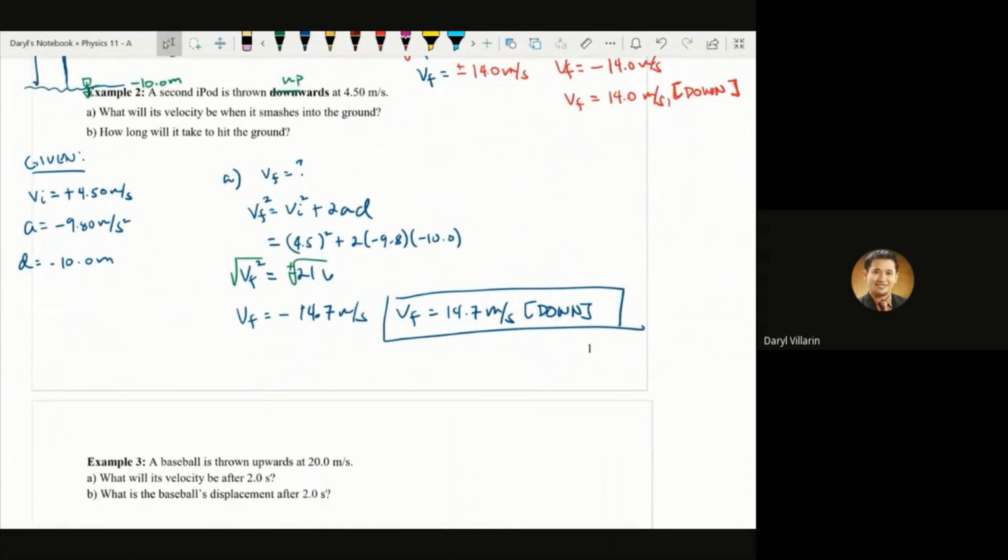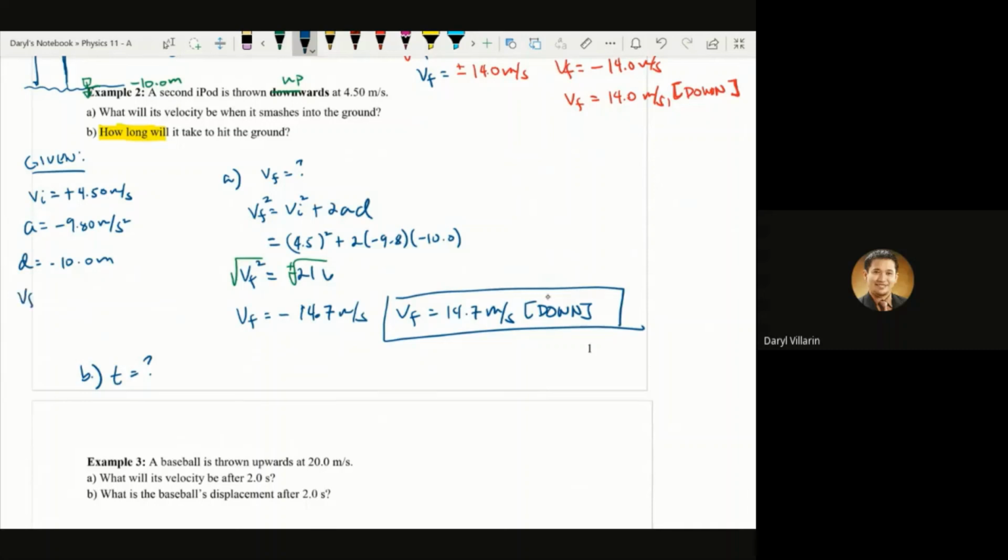Okay, for letter B, it is asking for how long. How long will it take to hit the ground? That pertains to time. In this particular case, you now have additional information.